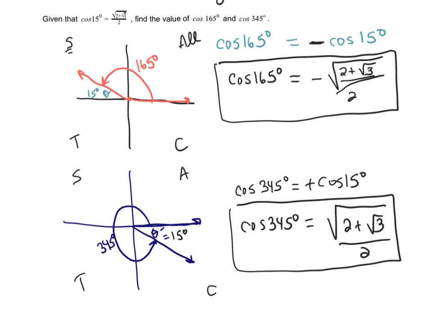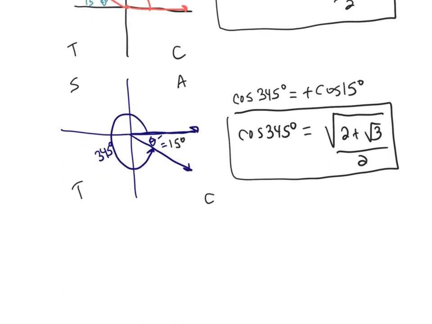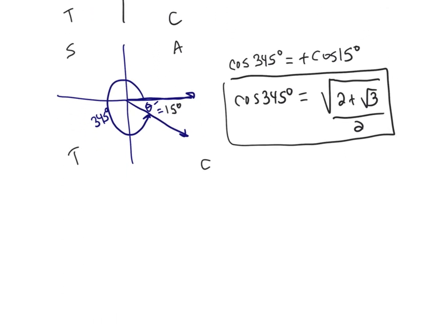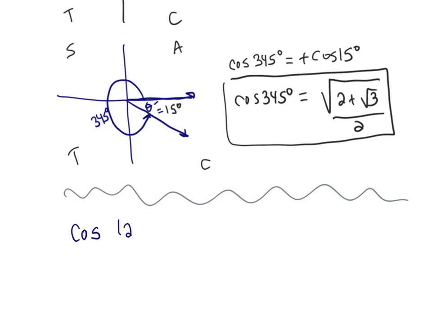Another example that we could do that I didn't really talk about is we could do a bigger angle that we really don't know a triangle about. So this is kind of one that wasn't on your notes, but let's just say I want to know the cosine of 120 degrees. Well, if I look at 120 degrees, that is in quadrant 2. It goes over here.